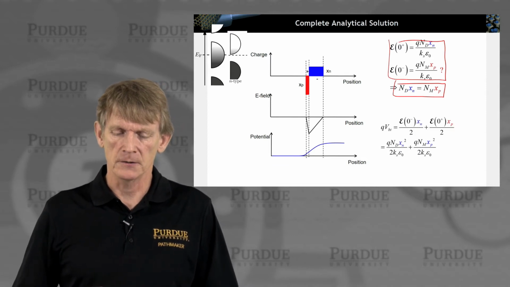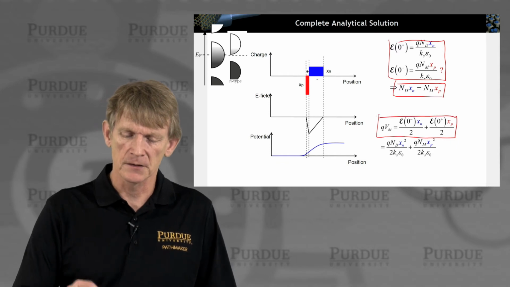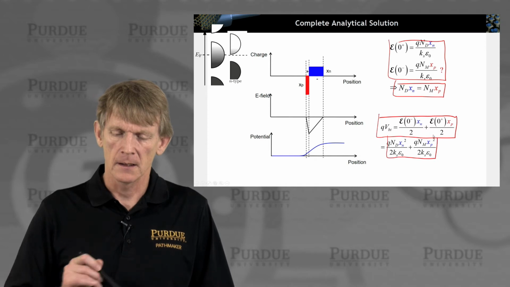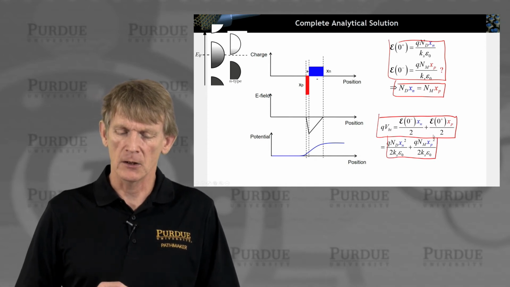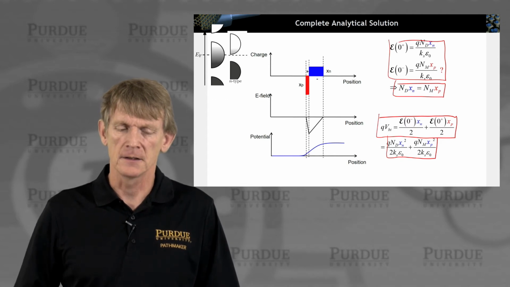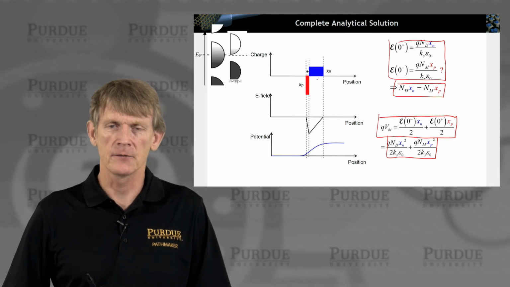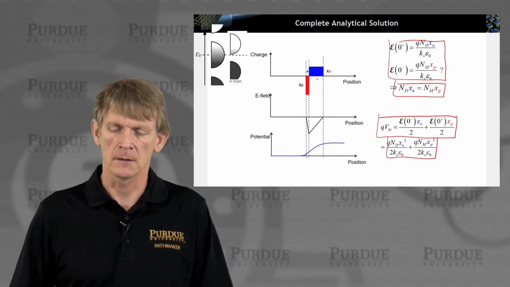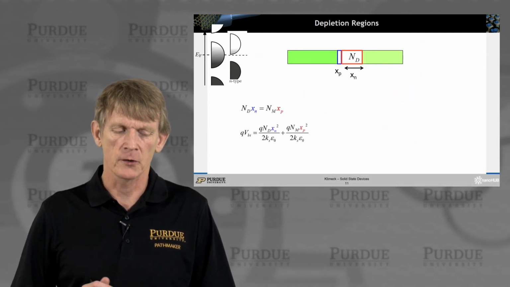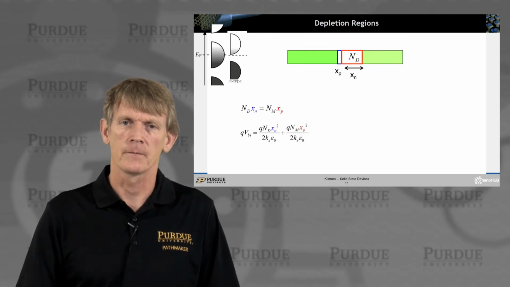And we can figure out from the integration of these fields the built-in potential, and with the expressions for Xn and Xp, we can now have a dependence of the built-in potential on the depletion region length. Okay, we've done this before. It's the very same math as what we've seen in the p-n junction. So there's nothing new here. And we have an expression for the built-in potential as a function of the depletion region length.